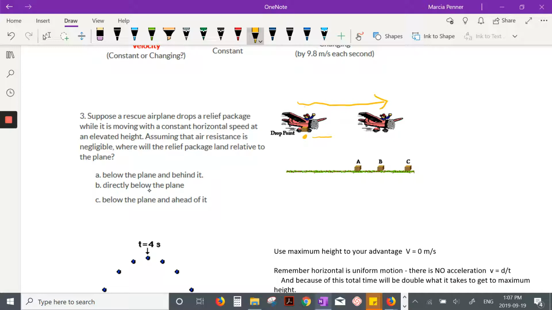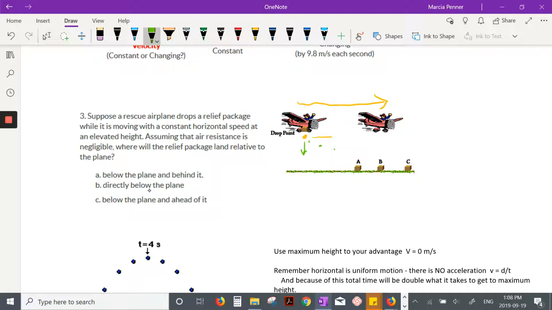And so if this much time has passed, then the same amount of time will have passed for our object, and it will have a vertical drop to it due to gravity. But as we know, that will increase and it will follow along the horizontal trajectory.